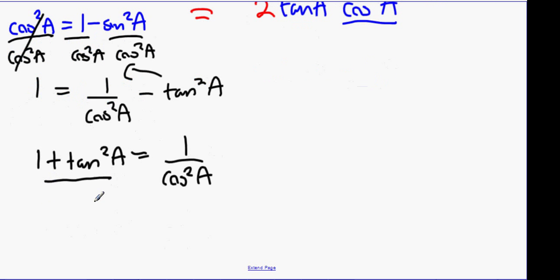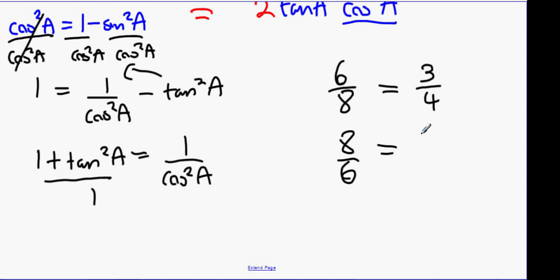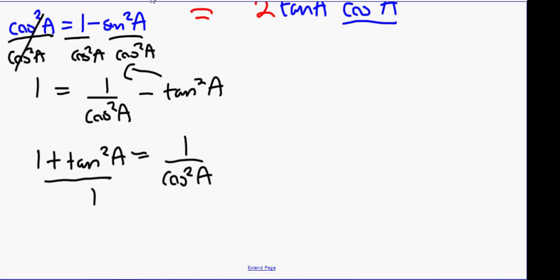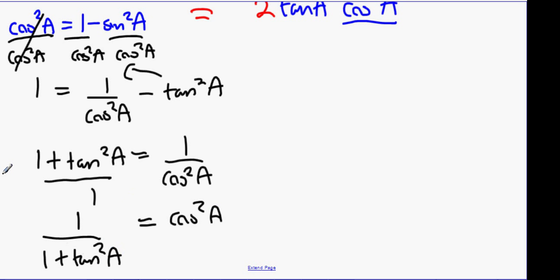Now, what I'm going to do here is basically this. 6 over 8 is the same thing as 3 over 4. Is everybody happy with that? I'm going to turn it upside down, so I'm basically going to say 8 over 6 equals 4 over 3. That's the trick I'm going to do next. So what I'm basically going to say is that cos squared A equals 1 divided by 1 plus tan squared A. And it's the same trick as last time.